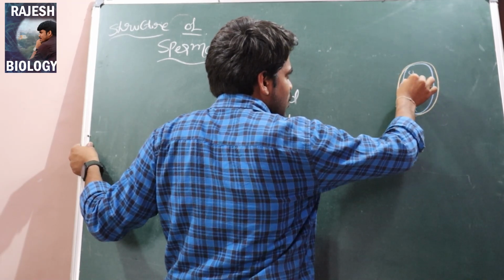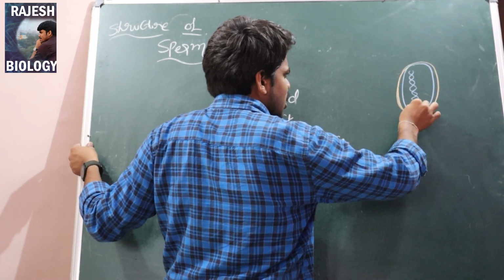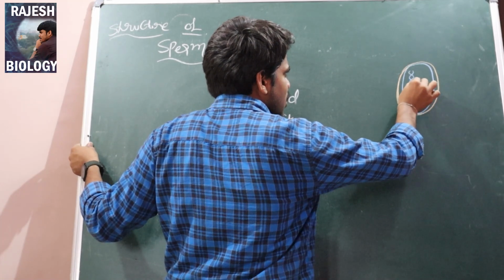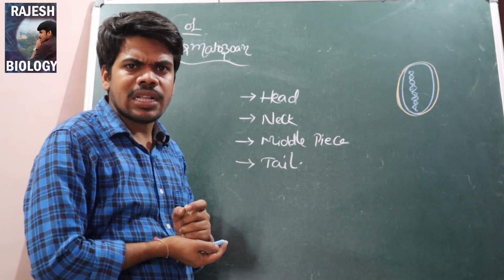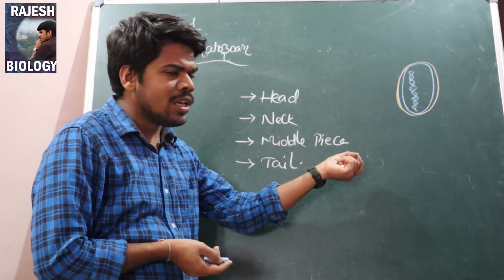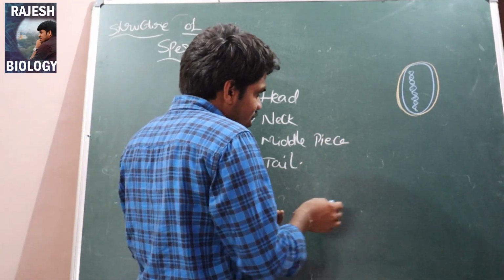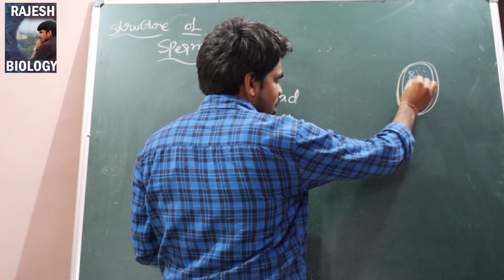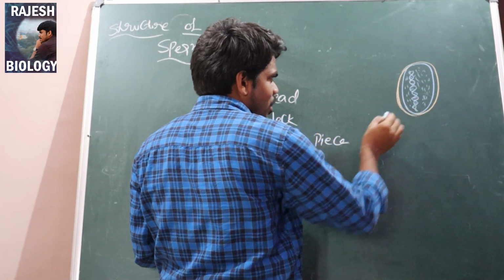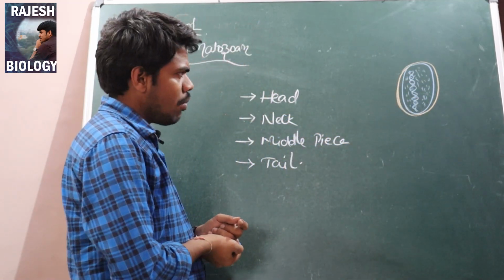Genetic information is nothing but the DNA. The nucleus is elongated, and within that nucleoplasm is also present. So the head is very important to carry the genetic information.